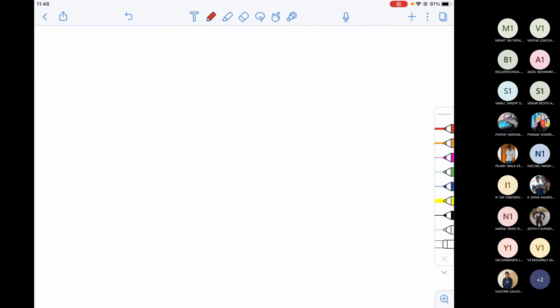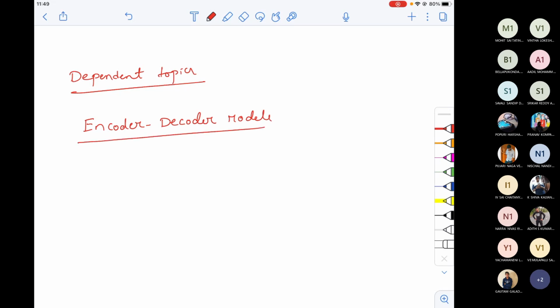Now, what are the dependent topics? The main thing is there's only one topic, but I further split it in multiple ways. Encoder decoder models. This is a very important topic for you guys.